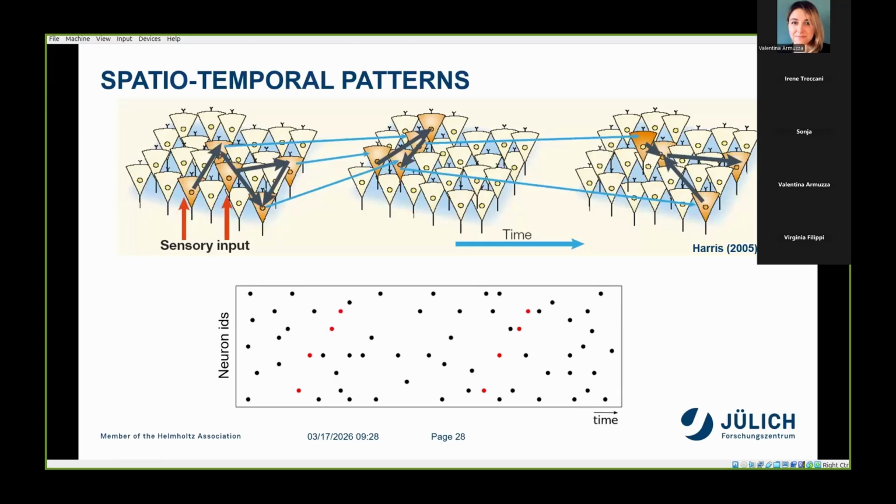Why? Because these are, so to say, the subsampled neurons from the different parts of the assembly, and we hypothesize that they express spatiotemporal patterns.